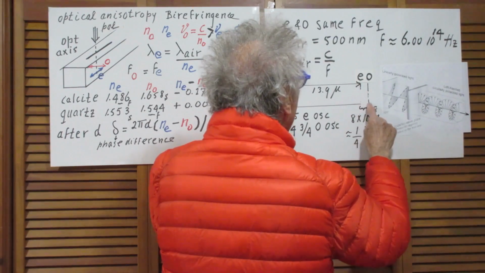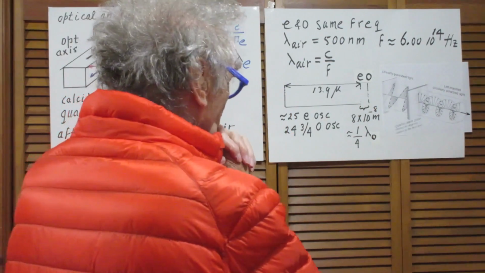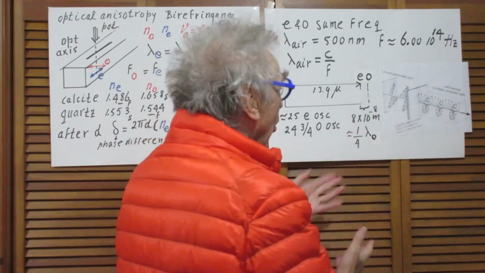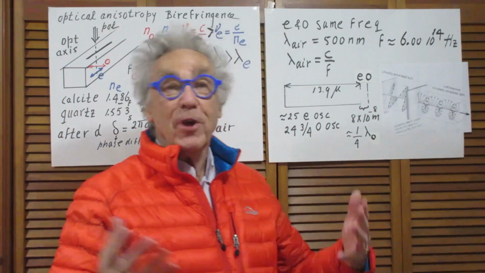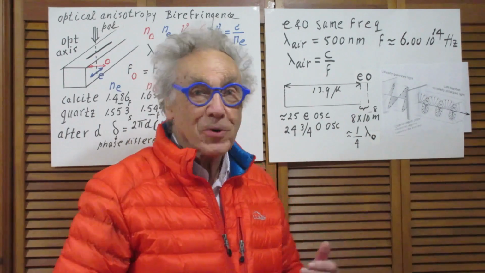You can calculate that this difference is about 8 times 10 to the minus 8 meters, and that is about 1/4 of the wavelength of the O wave, which is about the same as the wavelength of the E wave, of course.